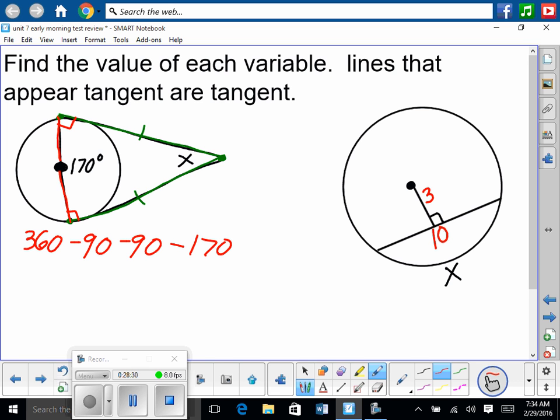Everybody? Doesn't that make sense? How we find x in that polygon? So 360 minus 90 minus 90 minus 170 is 10 degrees. So it intersects at a 10-degree angle. Questions on that? Sweet. Okay. Next one, moving on.